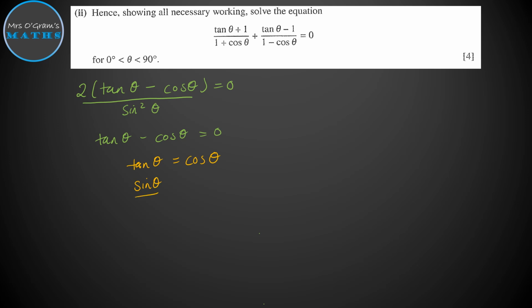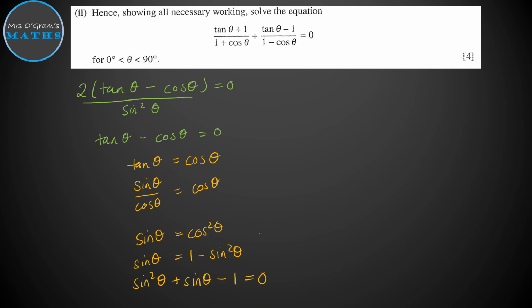And we'll go sine theta over cos theta. And I'll just skip ahead a bit for you to get this quadratic, which I'm just going to plug straight into the quadratic formula. And we get these two solutions for sine theta. Remember, it is sine theta that equals these, not theta. Don't stop short.